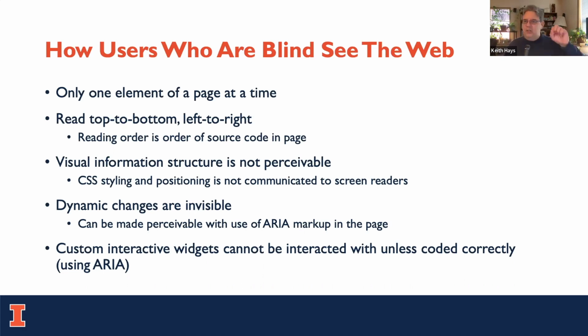If I click on a menu and open a menu, and I don't have something telling assistive technologies, hey, this menu was collapsed, can be expanded, and I clicked it and expanded it, then a person who's blind won't know that. If I have a filter for a bunch of search results and I didn't use this extra ARIA coding, then the number of matches in my search and the results, and that there was a change to those, will be invisible.